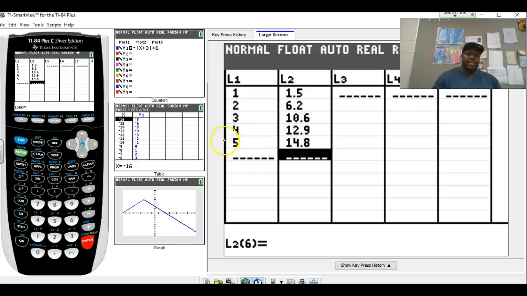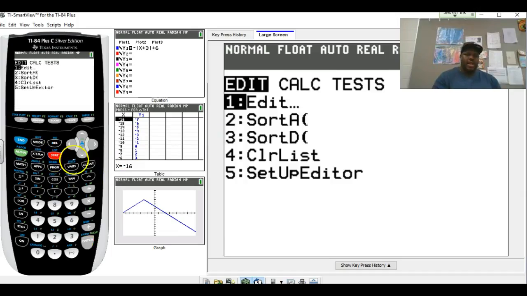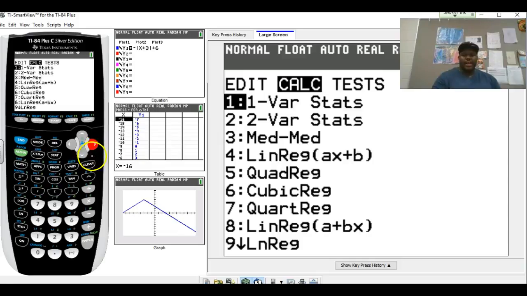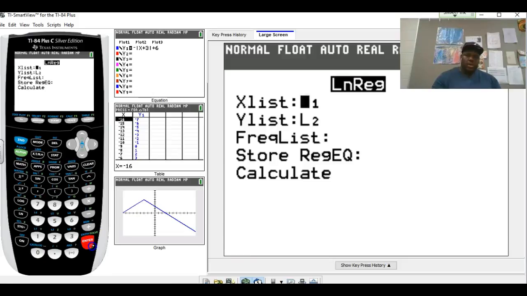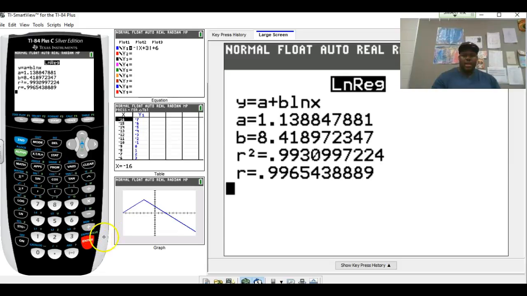So once the data is in like this, guys, we're going to press stat again and go over to calculate, and you want to go to natural log regression, which is 9. You're going to go to 9, guys, right here. ln, natural log. And we're going to hit enter on that. Calculate, and we get 1.14. I'm going to go 2 decimal places on this. So 1.14 and 8.41.